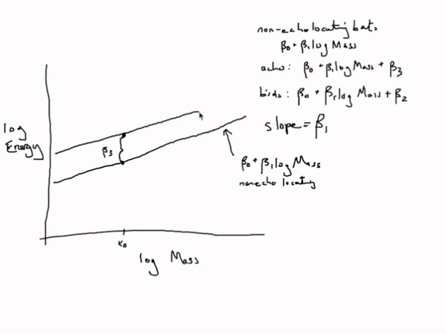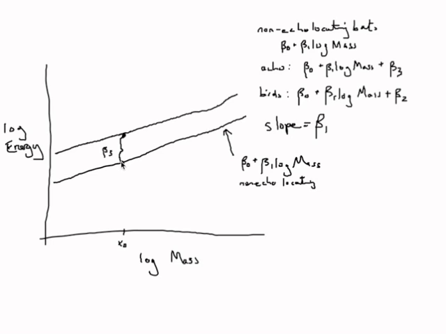And that's true for every value of log mass. So that describes a line parallel to the non-echolocating bats, but an additional beta 3 units higher. If beta 3 was negative, then that line would lie beta 3 units lower than the line for the non-echolocating bats. And similarly for the birds, for a particular value of log mass, if there wasn't that beta 2 parameter, they'd lie right on the same line as the non-echolocating bats. If beta 2 is positive, they're going to lie above those non-echolocating bats.